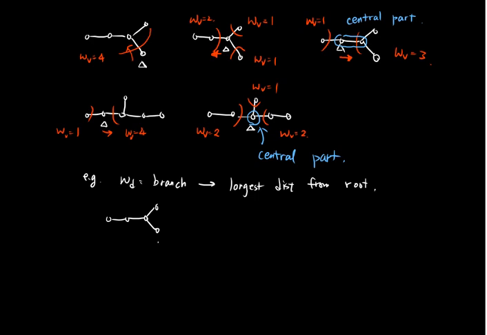For example, if we take this one, then we have one branch, and this is the root. Okay, and then how long is the farthest vertex to the root? 1 and 2 and 1. Okay, this one has distance 2.